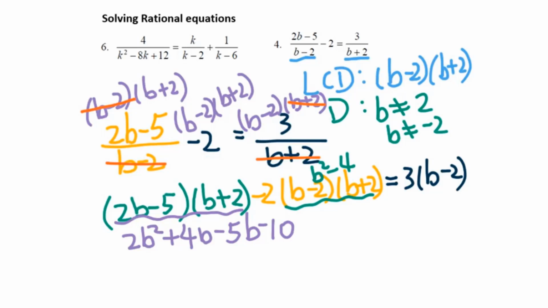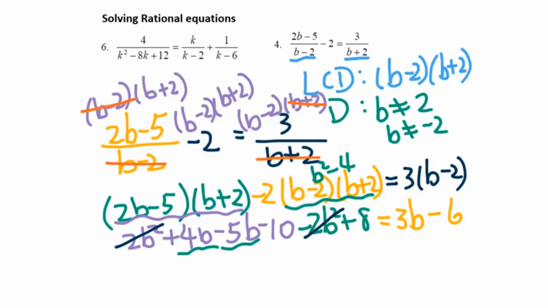Then -2 times b squared minus 4, you will get -2b squared plus 8 equals 3b minus 6. Simplify first. This is gone. Then you will get 4b minus 5b will be -b, then minus 2, because -10 plus 8.